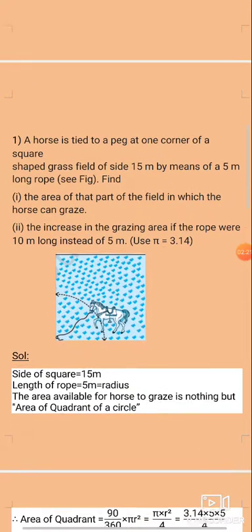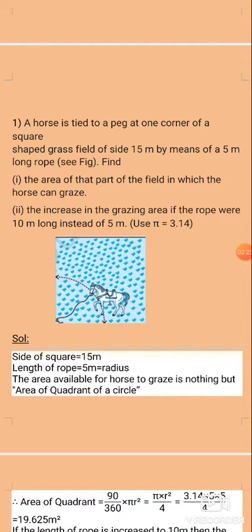Clear? So the grazing area is equal to the area of the quadrant. Listen carefully, why do we call it a quadrant instead of sector? All the angles are 90 degree. So if the angle is 90 degree, when we cut a circle into 4 equal parts, each part is a quadrant, just like a sector, isn't it?